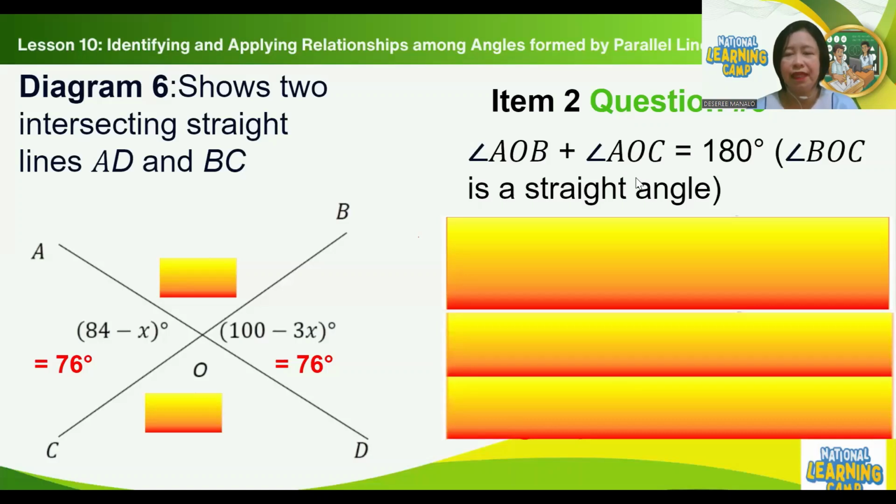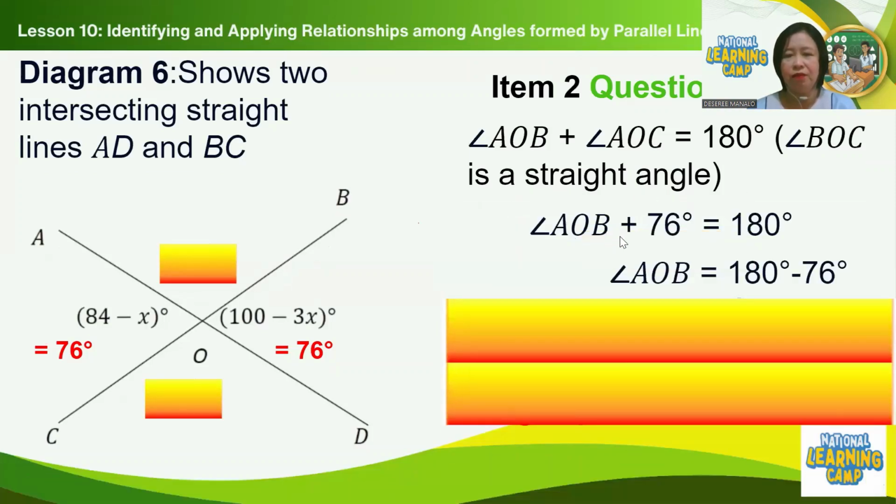Angle AOB plus angle AOC is equal to 180 degrees since angle BOC is a straight angle. So AOB plus 76 is equal to 180 degrees. So angle AOB is equal to 180 minus 76.